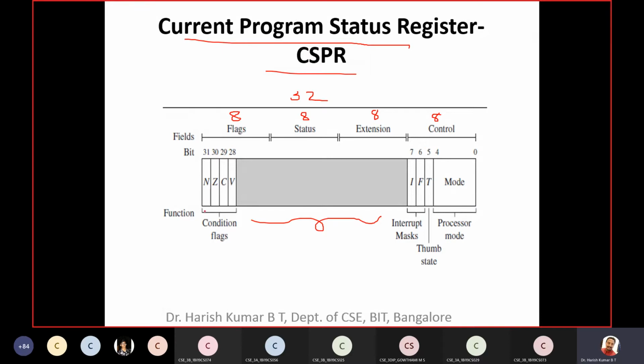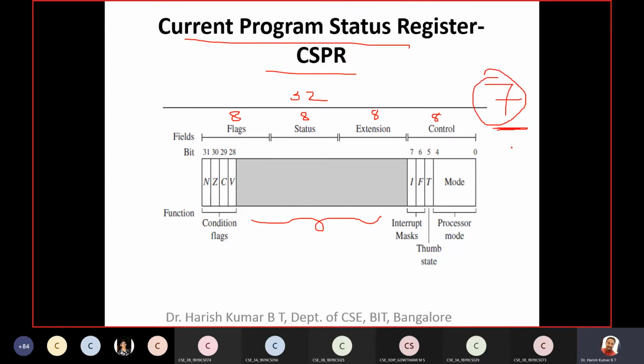Let me start from here. This is the mode, the processor mode. Can you answer me, in how many modes does the ARM processor operate? I just now told you. 7 modes. As of now, it operates in 7 modes.